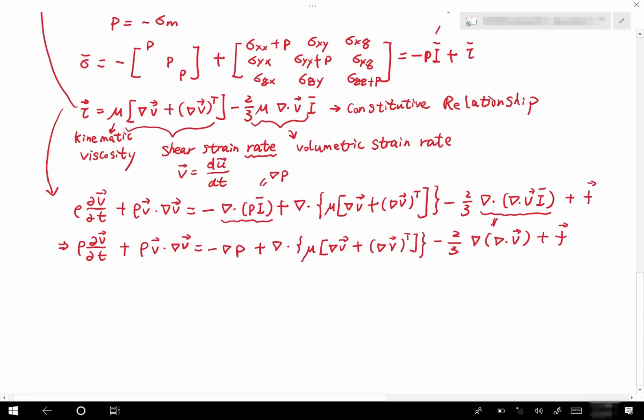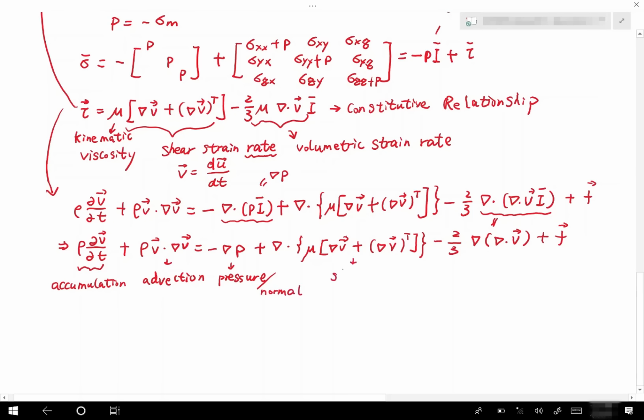Now, you can get the meaning of everything. Accumulation, right? And this one, advection. And this one is the pressure, water pressure, or the normal part.